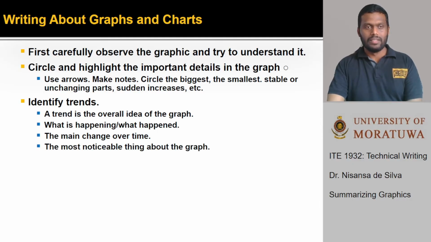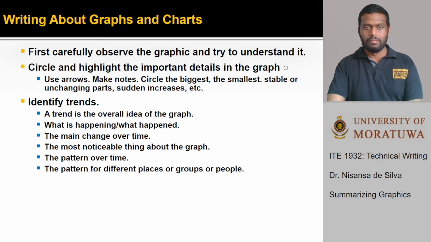And remember to know what are the most noticeable things about the graph. The patterns over time, patterns over different places or groups of people. If it is on time or not, you might have separate classes that are being analyzed.